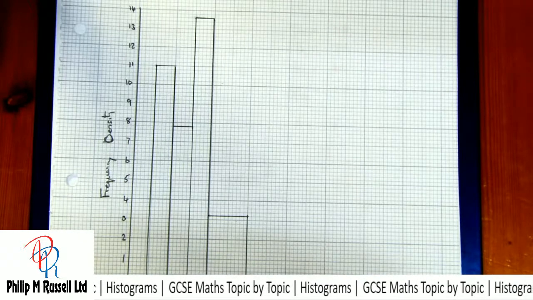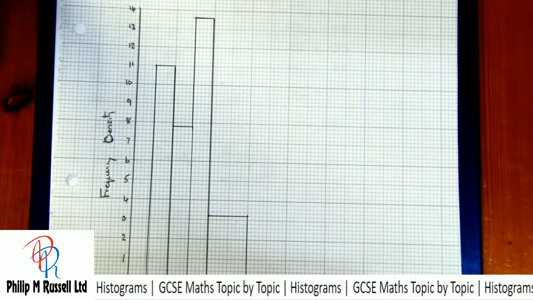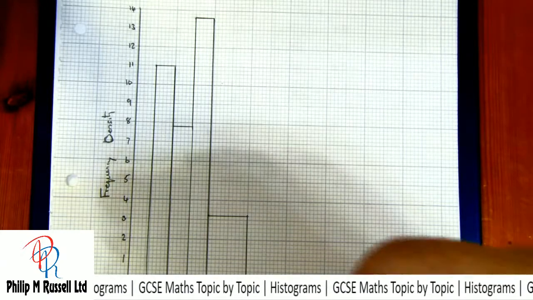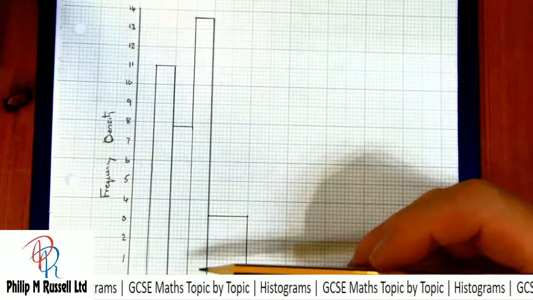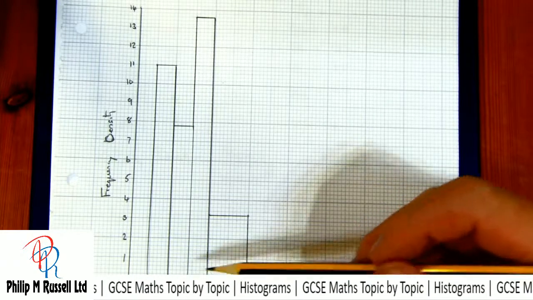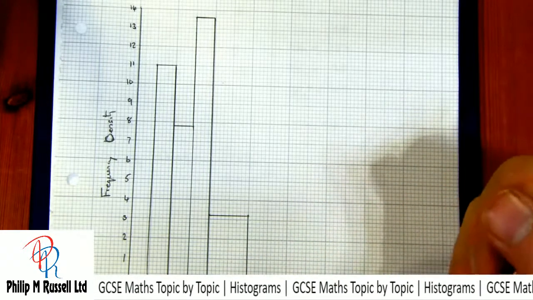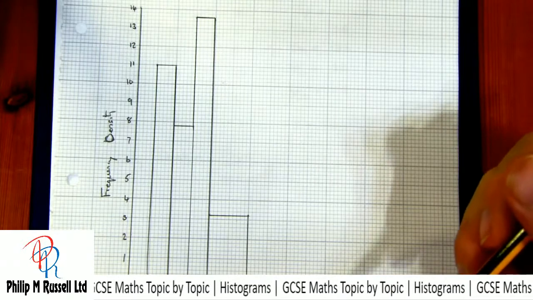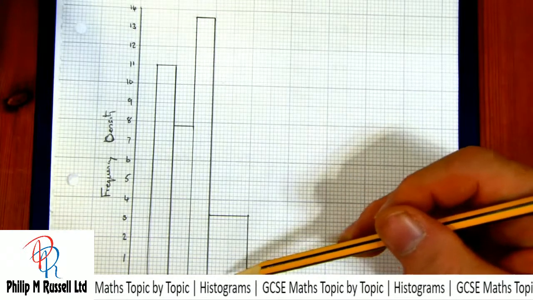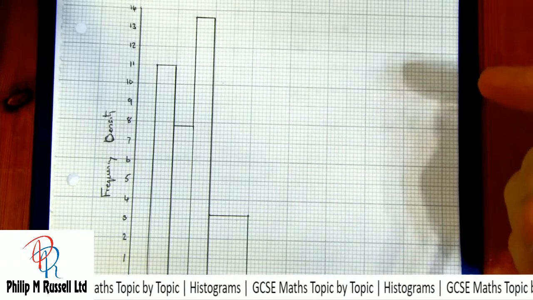So let's say how many students took between something grotty. Let's go for 36 minutes to 45 minutes. There. And we've got to work out what that is.